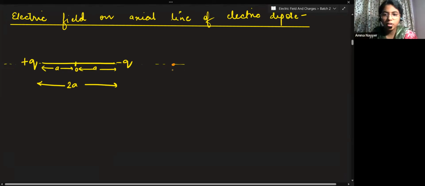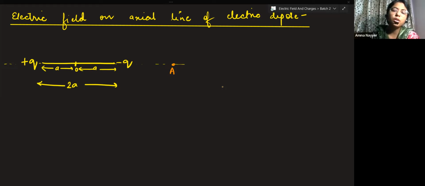If I say I've given you point, let's say A, now we'll see the electric field direction due to plus Q. So what is the direction for a positive charge? If this is your point A, this is your positive charge.